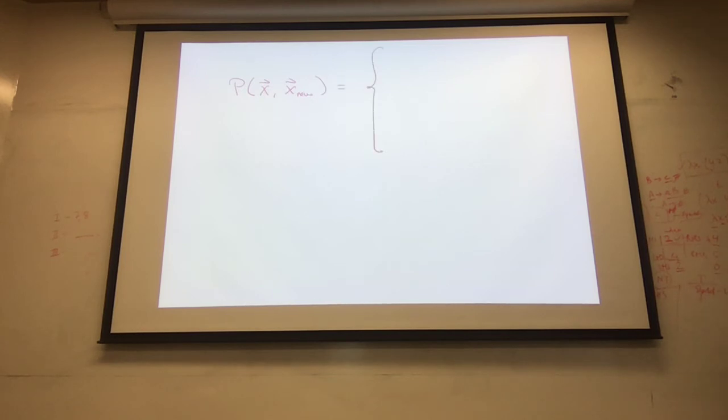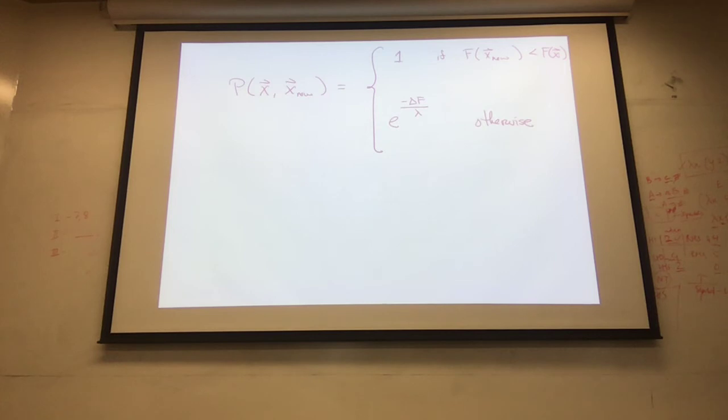This should remind you of what happened in Metropolis Hastings: it's 1 if the optimization objective at X new is less than the optimization objective at X, and otherwise it's e to the minus delta f over lambda.